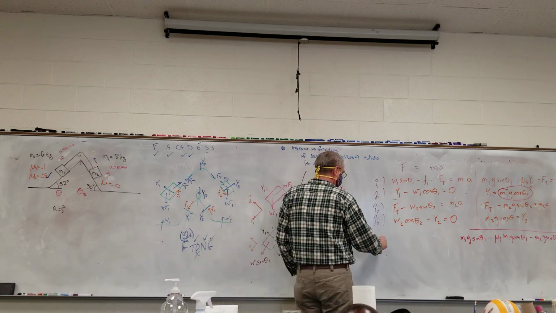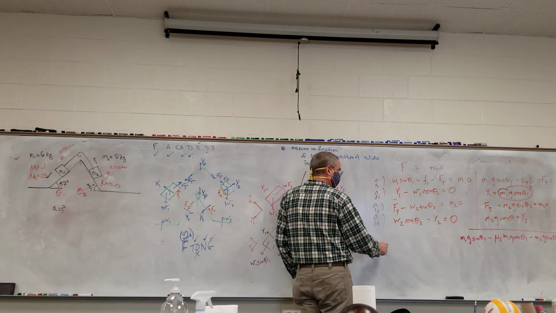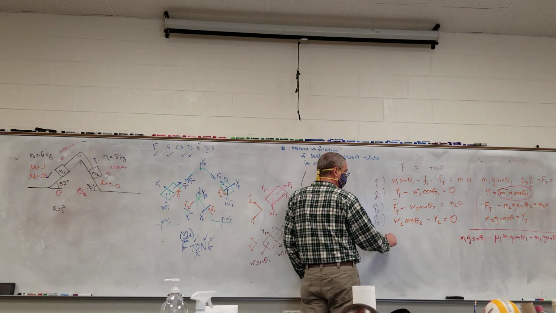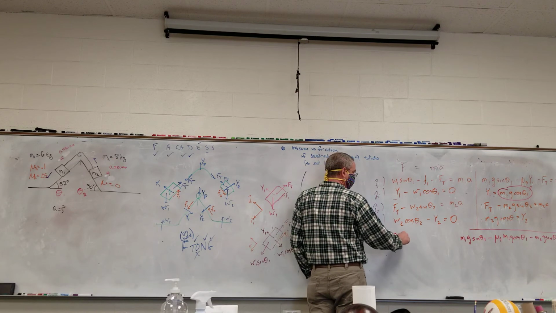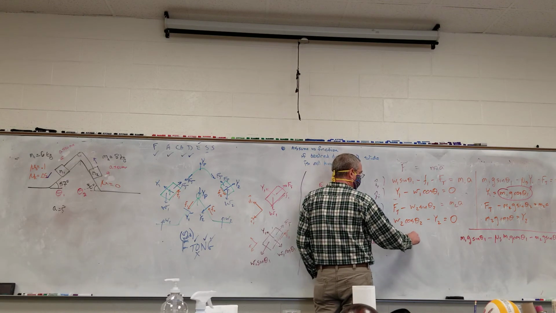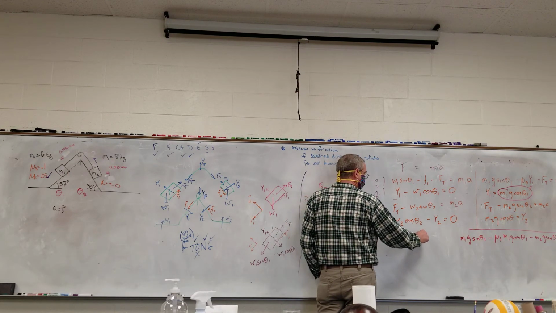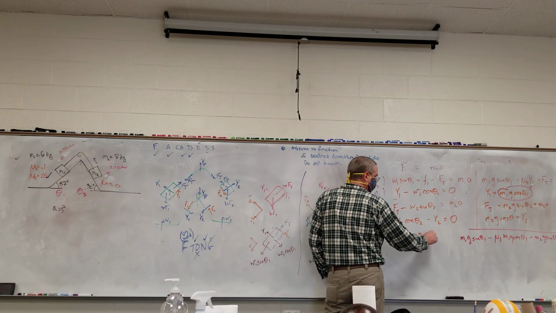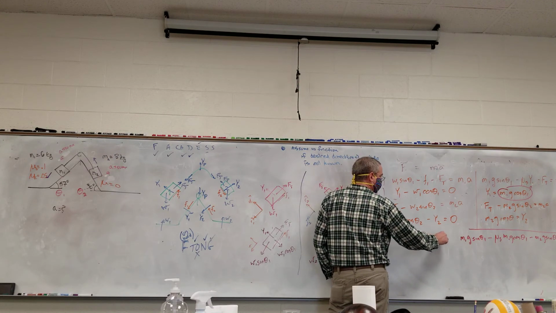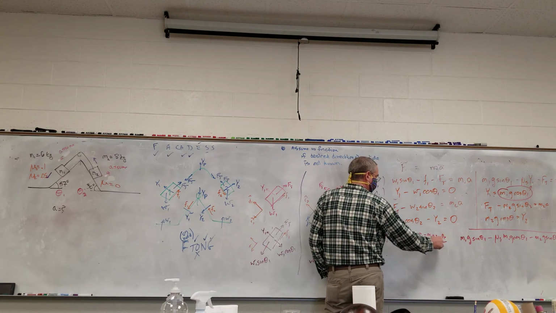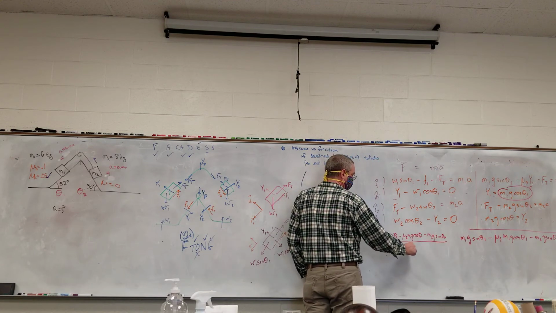And very similar to before, my acceleration would be M1G sine theta 1 minus mu s M1G cosine theta 1 minus M2G sine theta 2 divided by M1 plus M2.